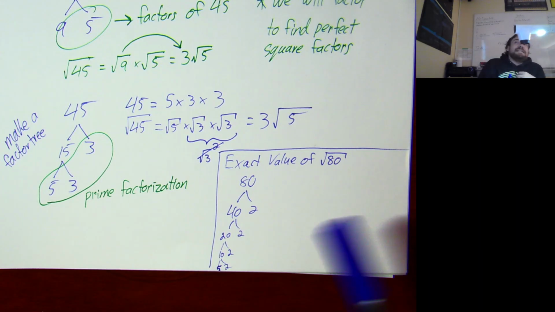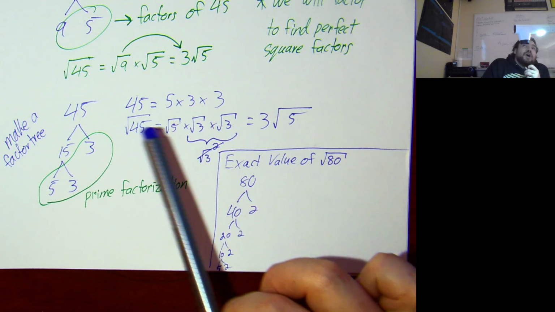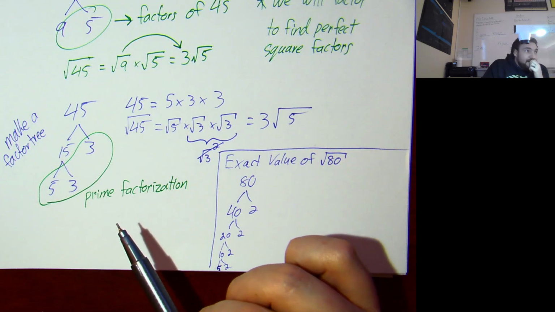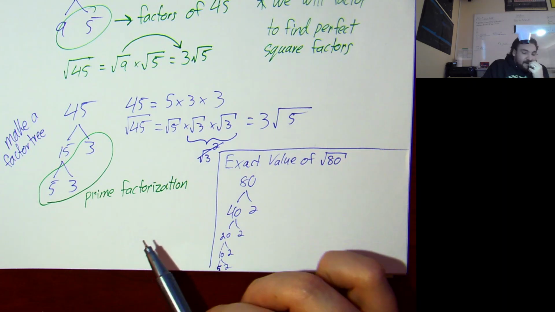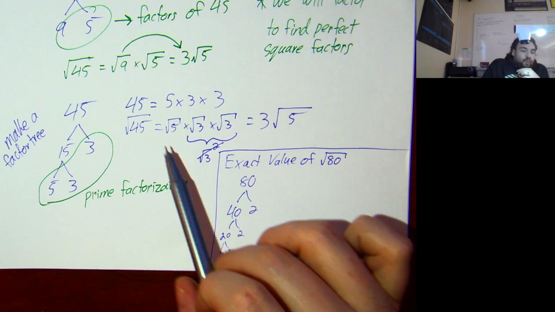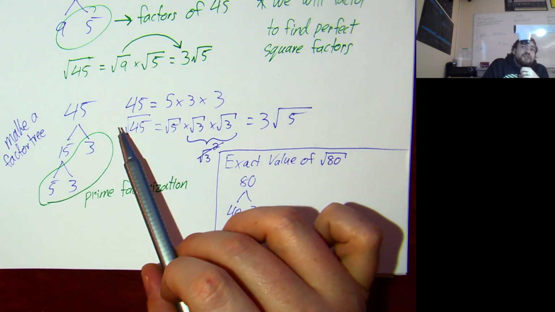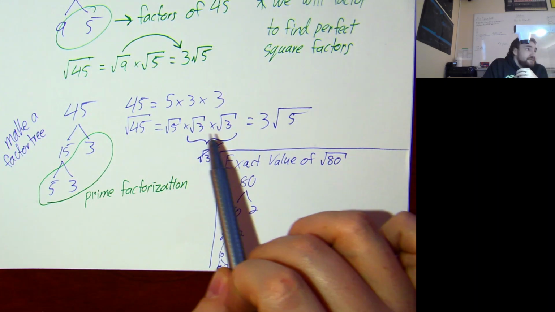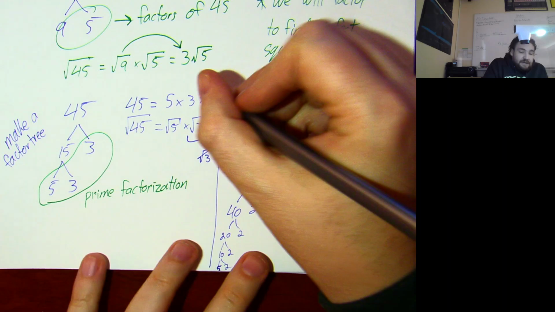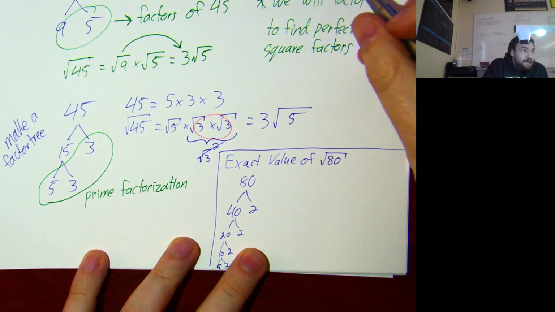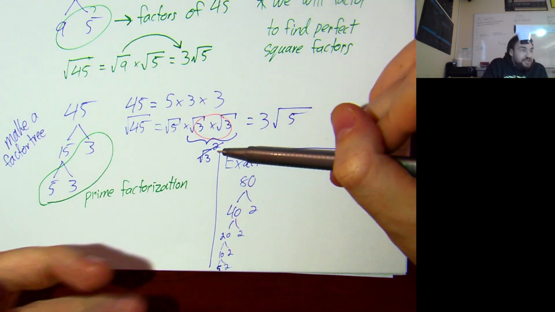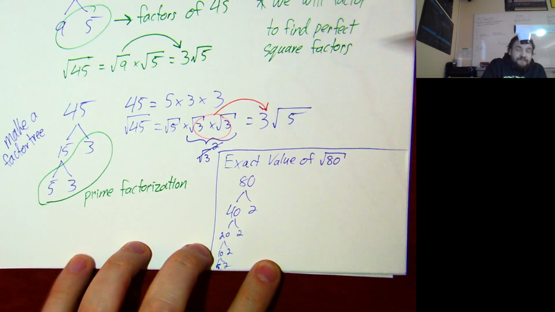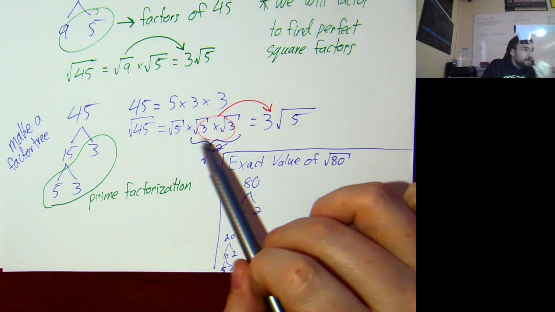If you look back at what we did here, what do you notice? When I was finding the exact value of the square root of 45, where I had a pair of factors, these guys, because it ended up being the square root of 3 squared, those squares cancel, and what they do is they end up giving us just one of that value multiplied out front, yes?